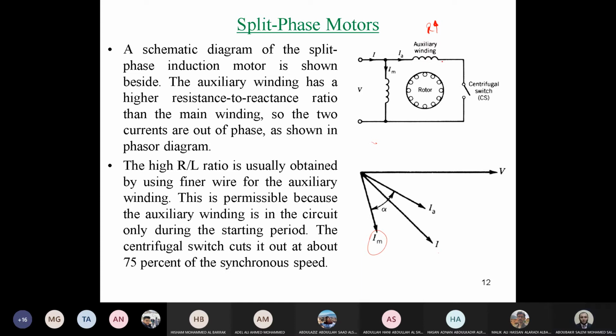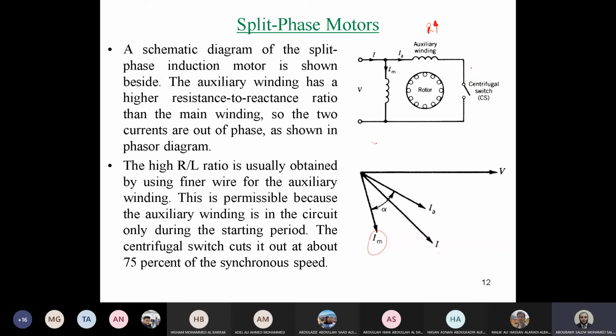So if you continue connecting this winding, it may be burned because of the value of losses here. The winding may be damaged, burned due to the high temperature of I squared R. So this is one of the drawbacks of using this type of switch. If it fails to open, the motor after a certain period will be burned.